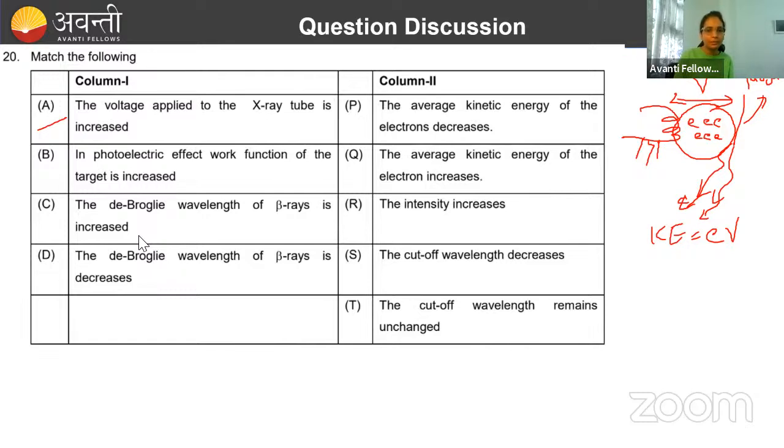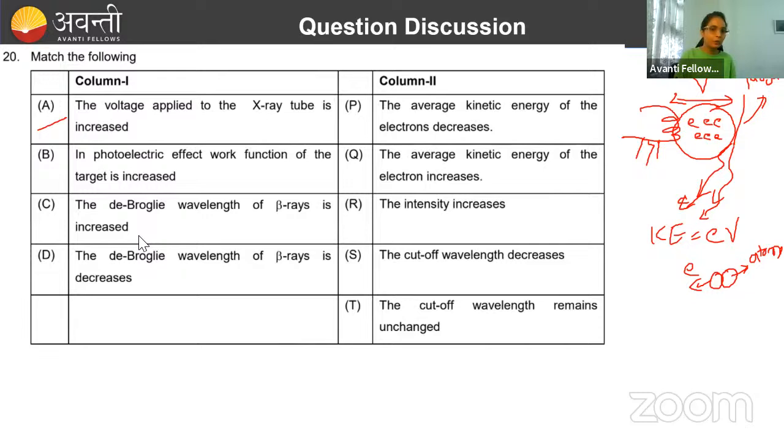If more effective collisions between electron and atom are happening. If the electron is gaining more energy, this being the target atom and this the electron, there is more chance that it will knock out the electron from the target atom, or it will excite the electron of the target atom. If it excites the electron of the target atom, an electromagnetic wave will get generated. It means more wave will get generated if the electron is accelerated by higher voltage. So option R also seems correct.